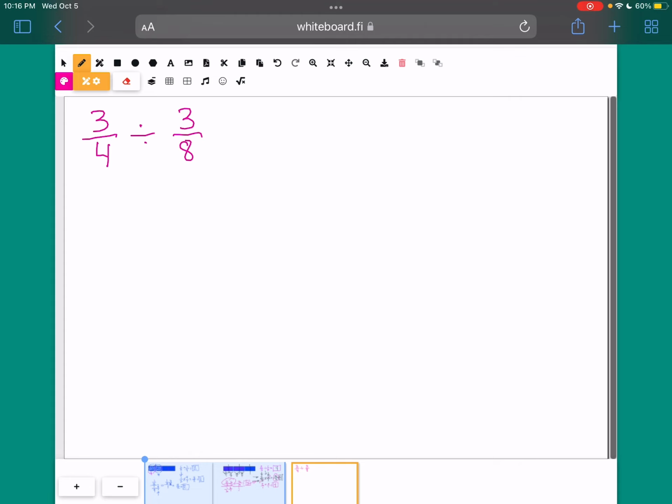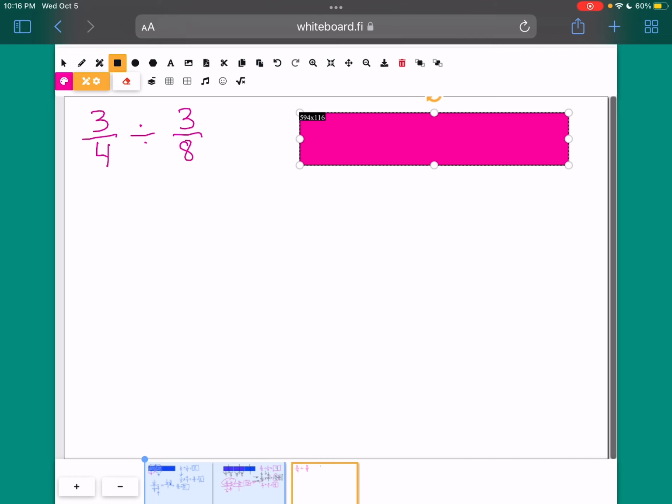All right. And to get us started, of course, we have this nice little bar, bright pink. Isn't that fun? All right. And we're going to divide it into 4ths. And then we're going to further subdivide it into 8ths.